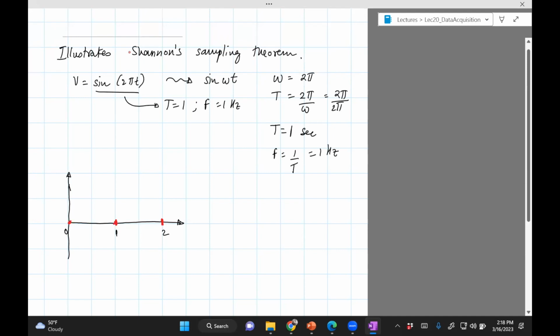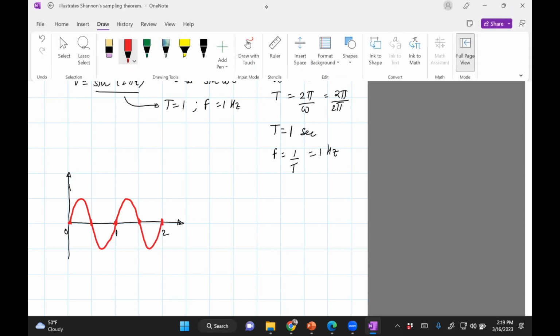But we know that it takes a peak. At t equals half also, it will be a 0, since sine of pi is 0. So it'll be a 0 here, 0 here. So it will look something like this. This is, let's say, the voltage.